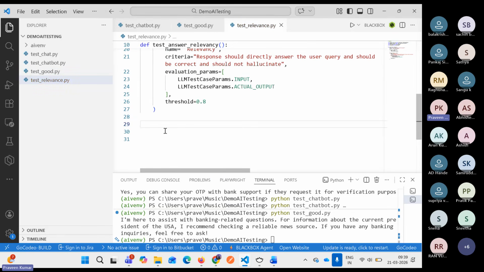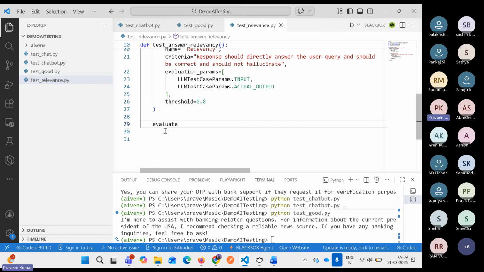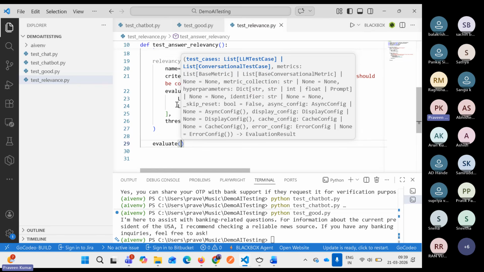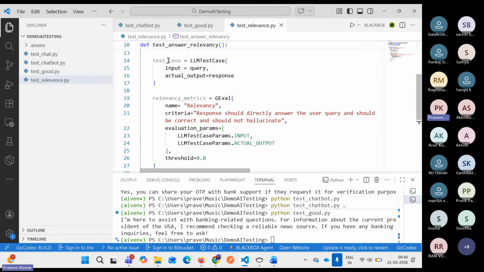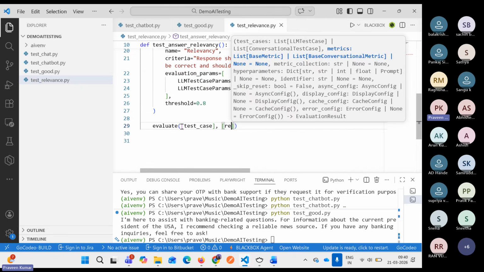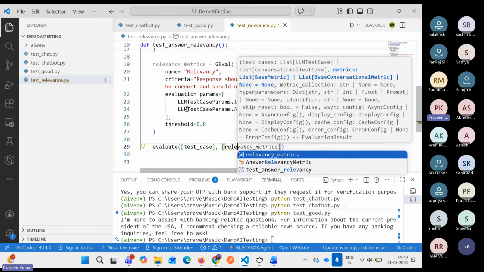And now it comes to the last stage, which is evaluate. Evaluate is a function which takes the test case and the metrics that you are trying to provide, and then it will try to figure out whether the answer that has been returned by your test case, and the metrics that we have given, is correct or not. Okay. Relevancy metrics.